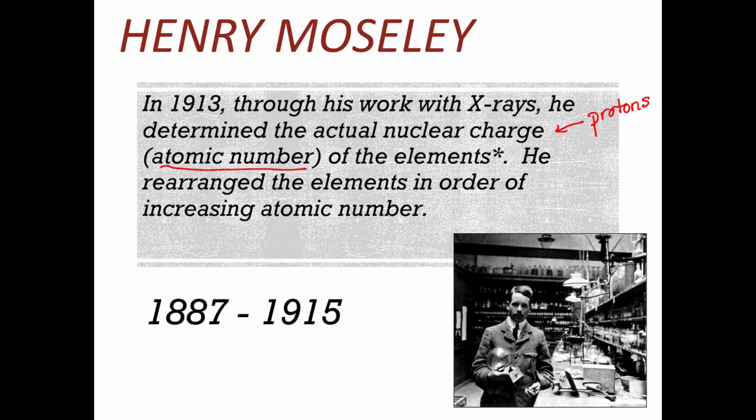And he arranged the elements in order of increasing atomic number. And that fixed everything. So the periodic table, the one we have right now, is not in order of increasing atomic mass. It is in order of increasing atomic number, or the number of protons. Okay, so he actually fixed Mendeleev's periodic table.